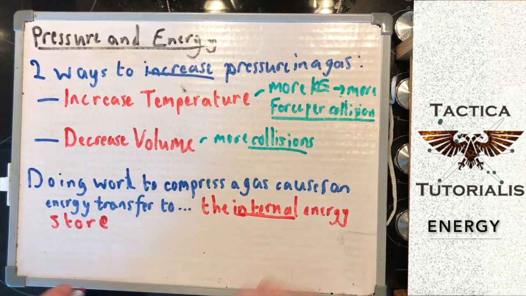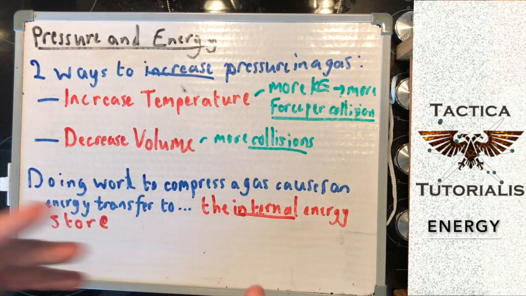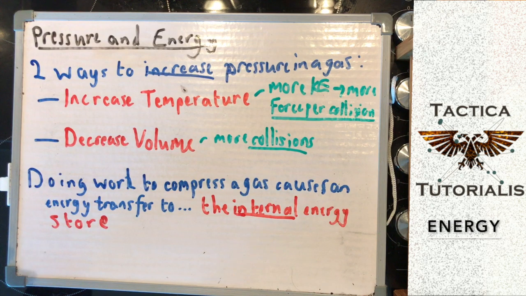Now, internal energy I'm not going to discuss here because it's sort of a side point that you do probably when you talk about energy overall. But by transferring to the internal energy store, this in particular explains this one. Because the internal energy is then used to, well, you can't keep a constant temperature most of the time.